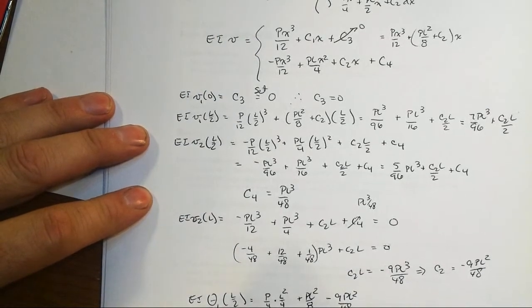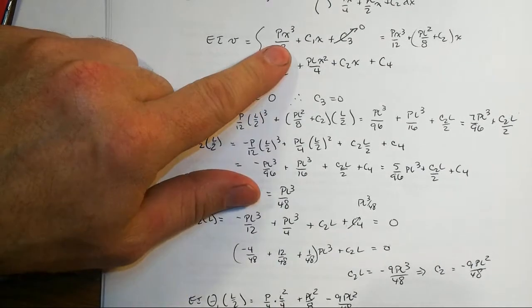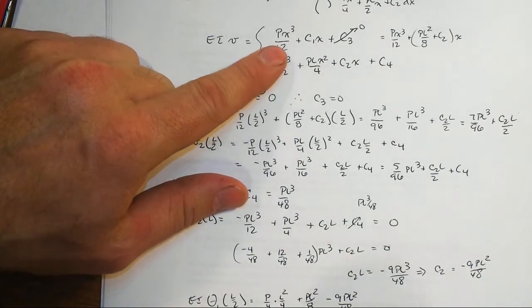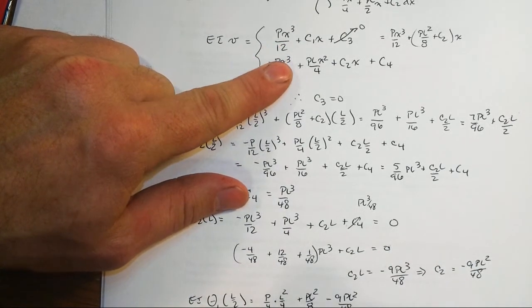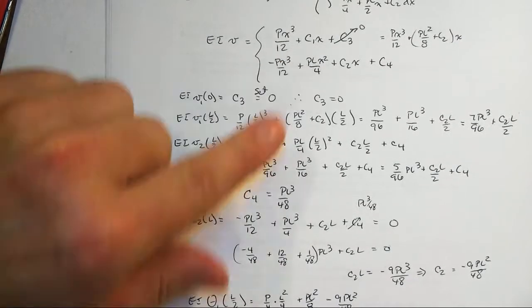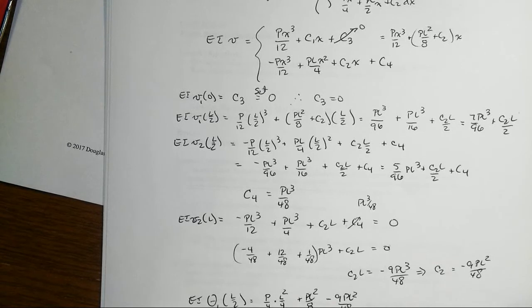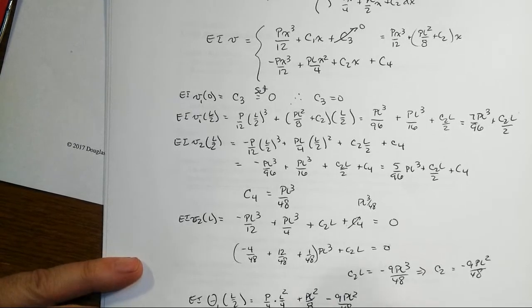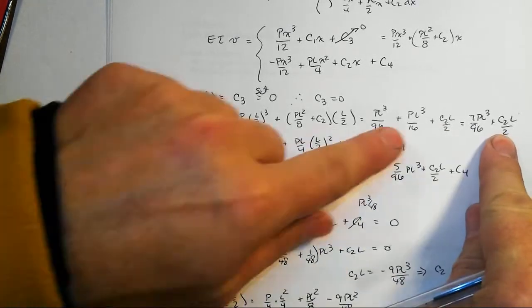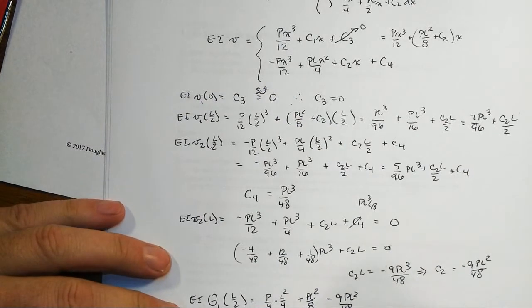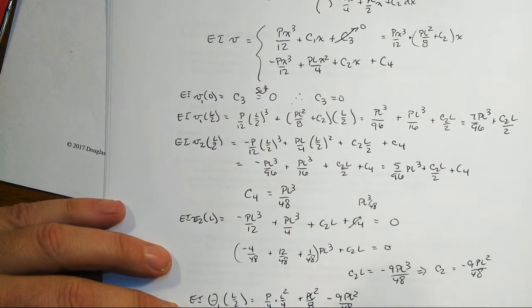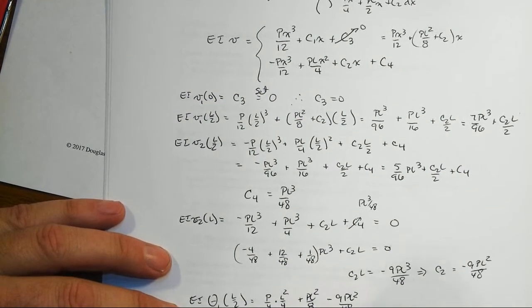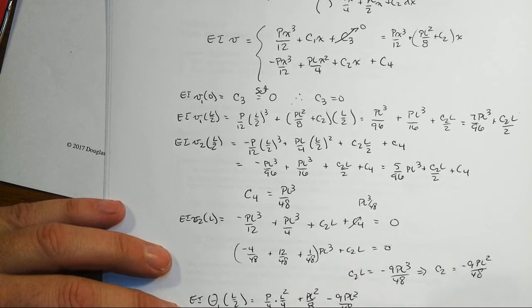EI v1 at L over 2 would be equal to P over 12 times L over 2 cubed. Now, didn't we already evaluate this? I think we did. Forget this nonsense of starting all over. I've got it right here. It's equal to 7PL cubed over 96 plus C2L over 2.